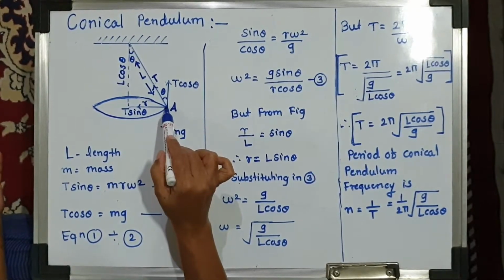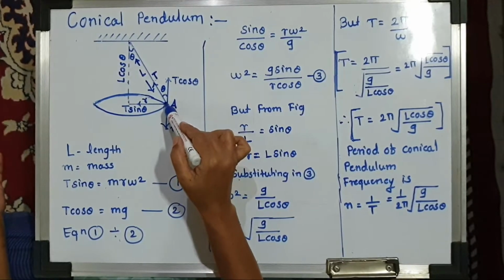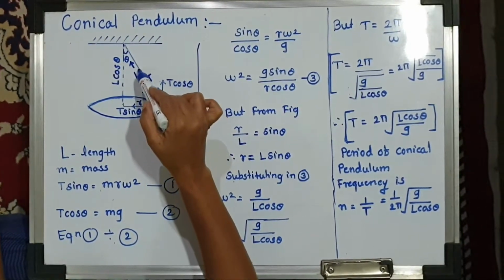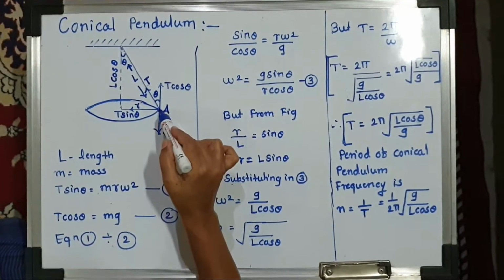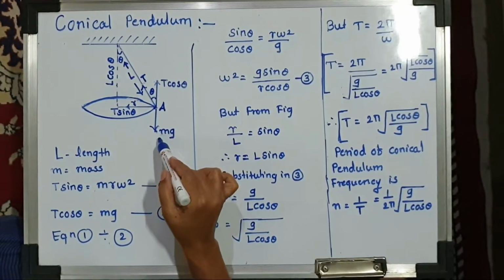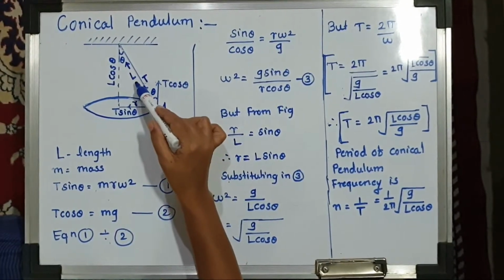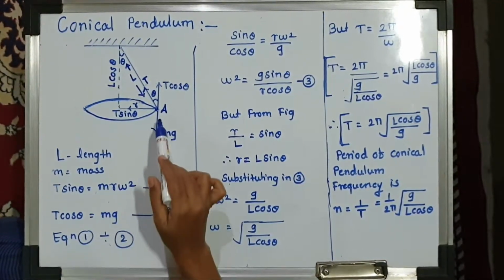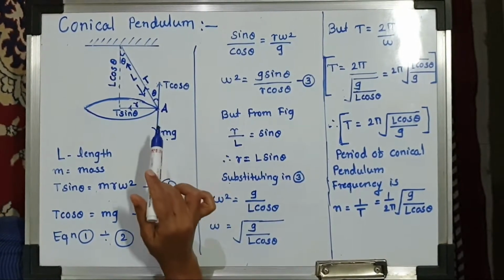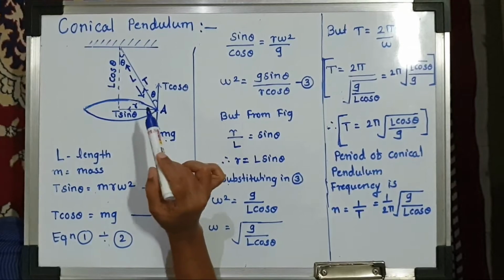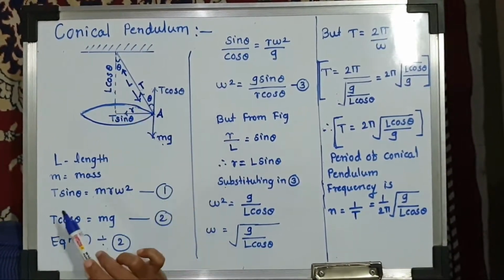Now, the net forces acting on this tiny mass are the tension in the string towards the point of suspension, and its weight mg acting vertically downward. L is the length of the string, m is the mass of that tiny mass. Theta is the angle of inclination with the vertical.